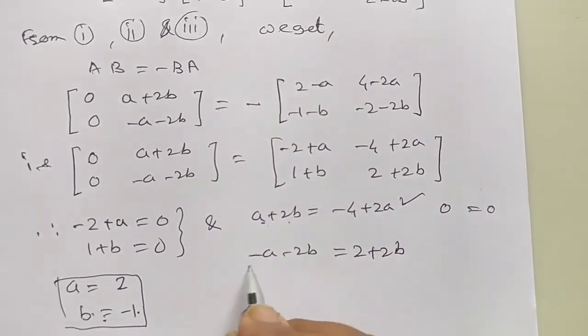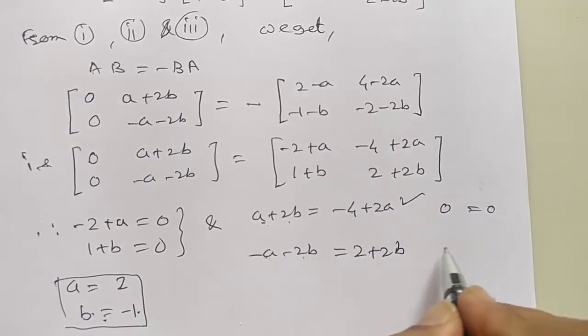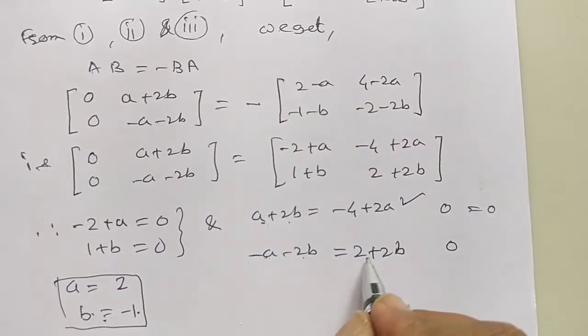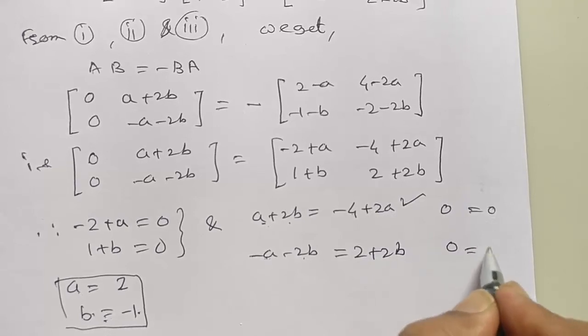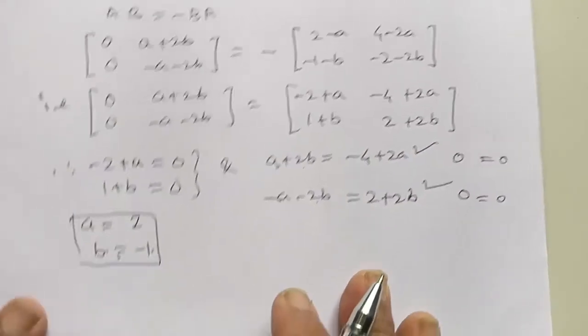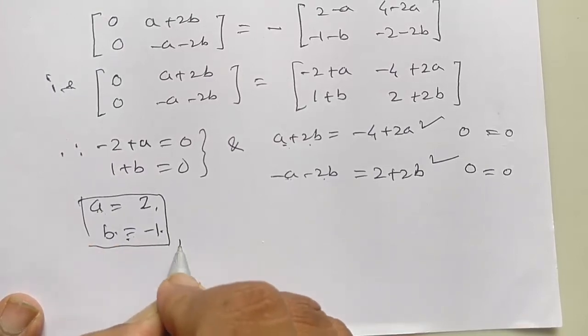Now putting A is equal to 2, B is equal to minus 1, that is minus 2 plus 2 is 0, and putting A is equal to 2, B is equal to minus 1, 2 minus 2, that is 0. So this is also verified. Therefore, the values of A is equal to 2 and B is equal to minus 1.